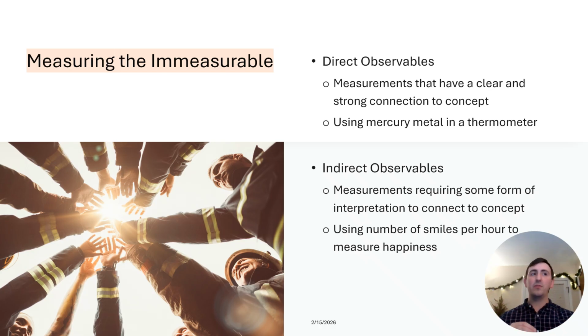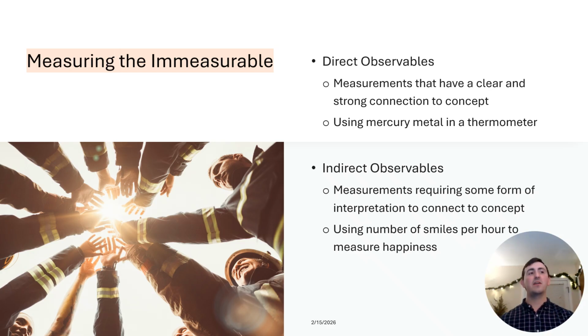So using metal that's very sensitive to that temperature in a glass tube to measure temperature is a very clear and obvious connection. As the temperature changes, the metal moves up and down the glass tube, pretty much one-for-one. So that is why it's a direct observable, a direct connection between the concept, which is temperature, and the observable, the measurement, which is the metal in the glass tube.